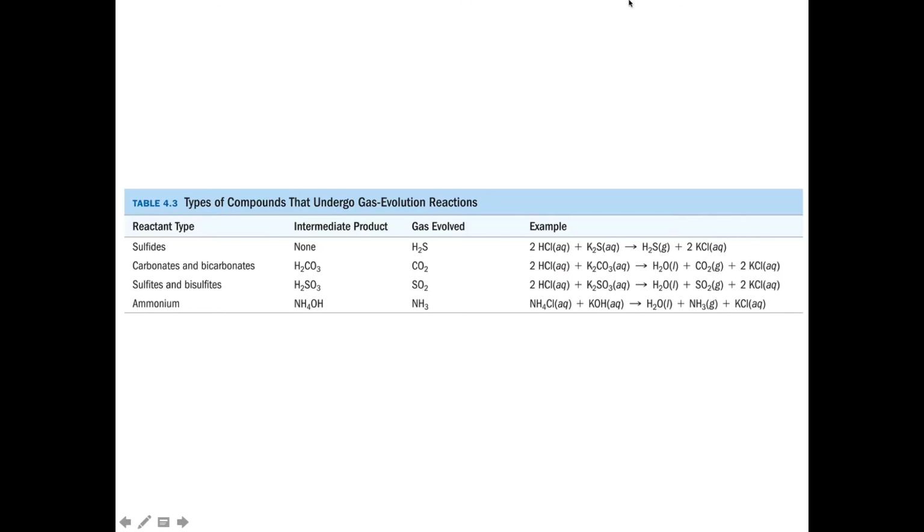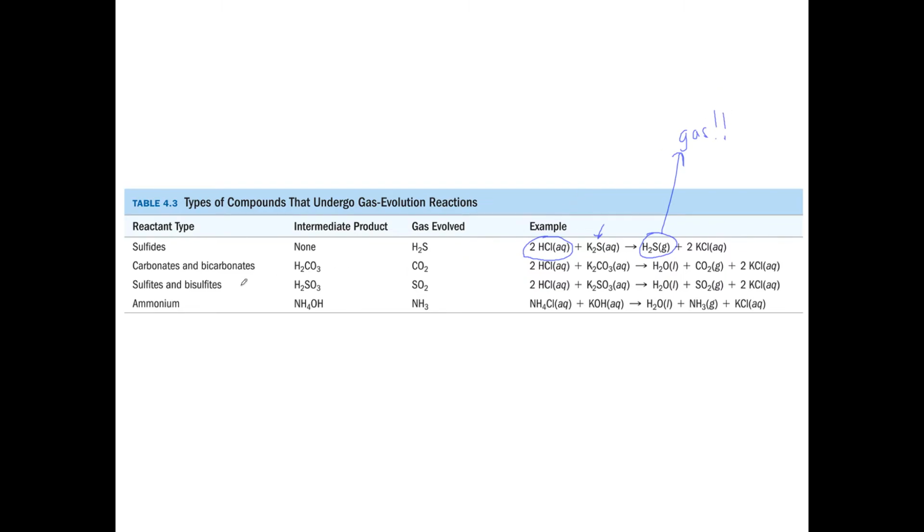Oh yeah, so type of compounds that undergo this. This is just to give you a feel for it. You would again be expected to predict these reactions, but sulfides. If you have HCl plus potassium sulfide, you make, uh-oh, a gas.